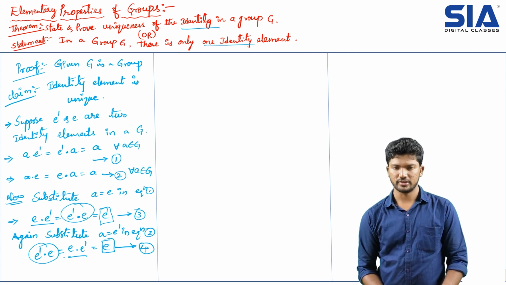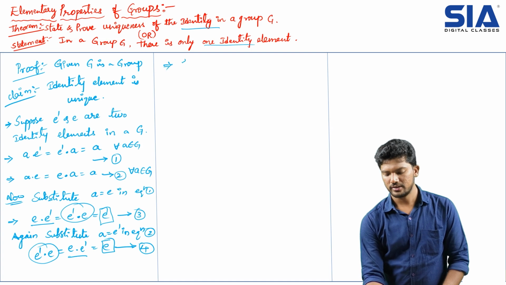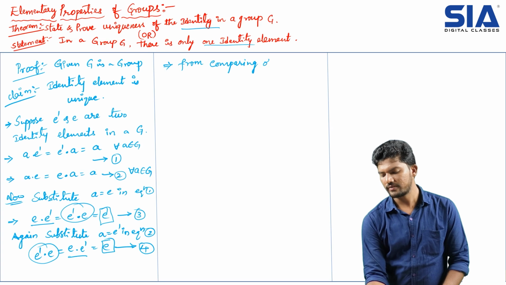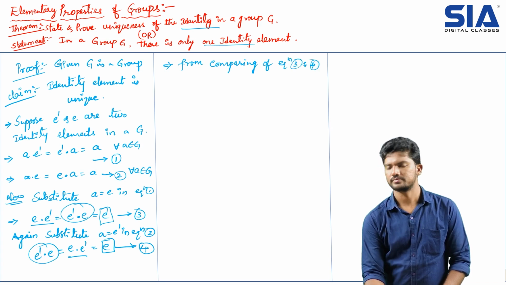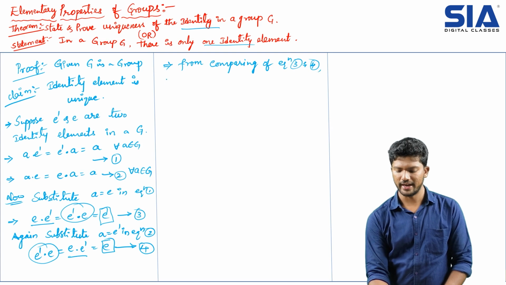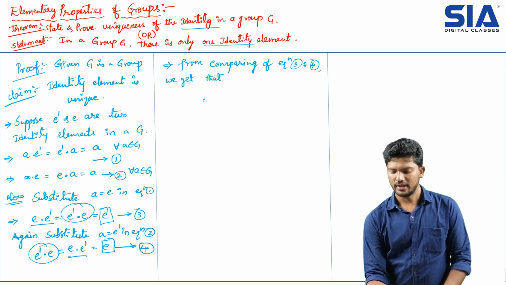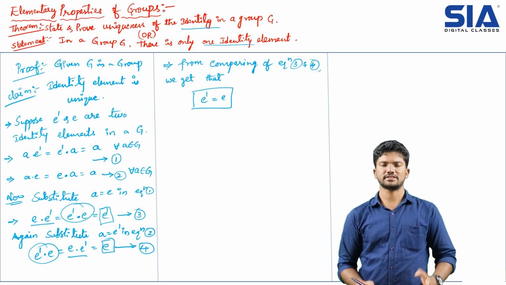Therefore, from comparing equations 3 and 4, we get E dash is equal to small e.